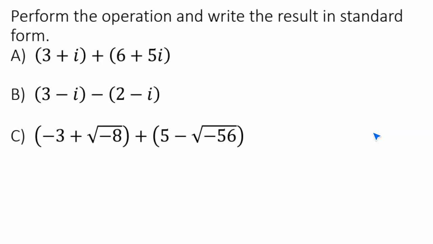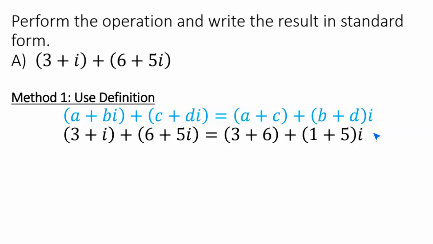It says perform the operations and write the result in standard form. Standard form means real plus imaginary. So the first one, a, we want to add these two complex numbers, 3 plus i plus 6 plus 5i. I'm going to be adding the real with real and imaginary with imaginary.